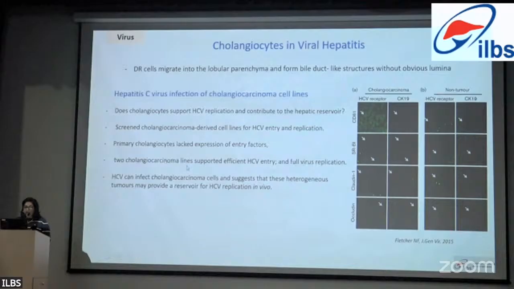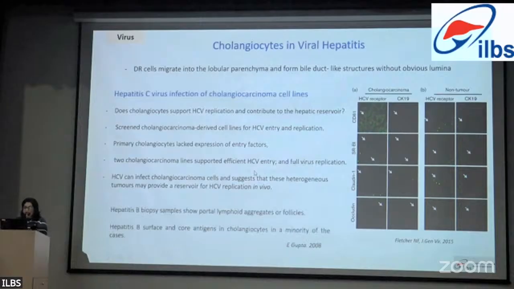Two of these cholangiocarcinoma lines support efficient entry and full virus replication. Not only that, an older publication also showed that hepatitis B surface and core antigens are present in the cholangiocytes in a minority of cases. That could be indicative that patients progressing in disease may express these cholangiocyte receptors involved in viral entry.